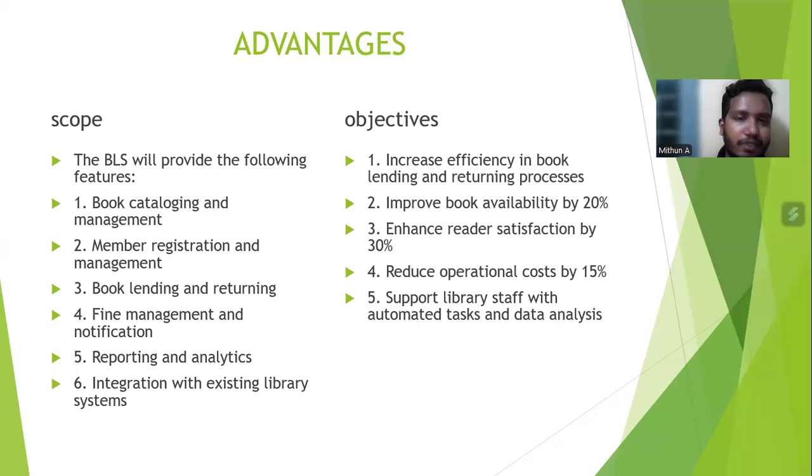And when we talk about objectives, it will increase the efficiency in book lending and returning processes, and it will improve book availability by 20%, and it will enhance reader satisfaction by 30%, and it will reduce the operational cost by 15%, and it's going to support library staff along with the users, with automated tasks and data analysis.